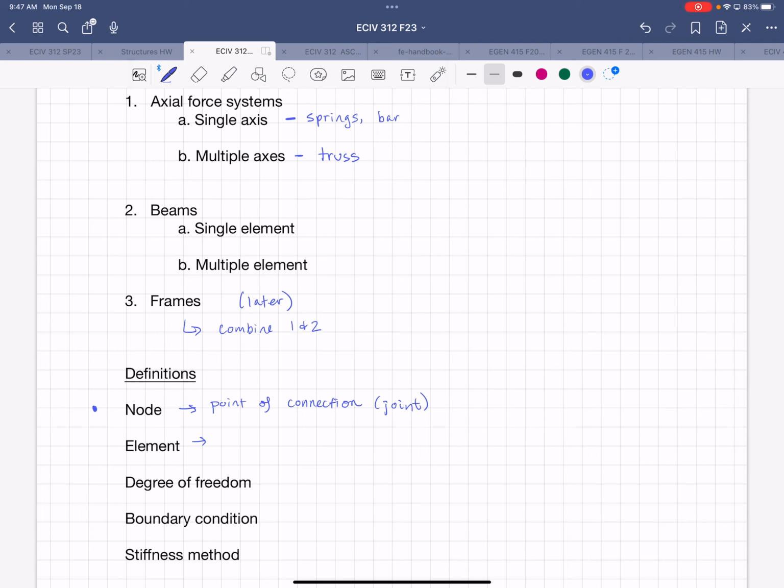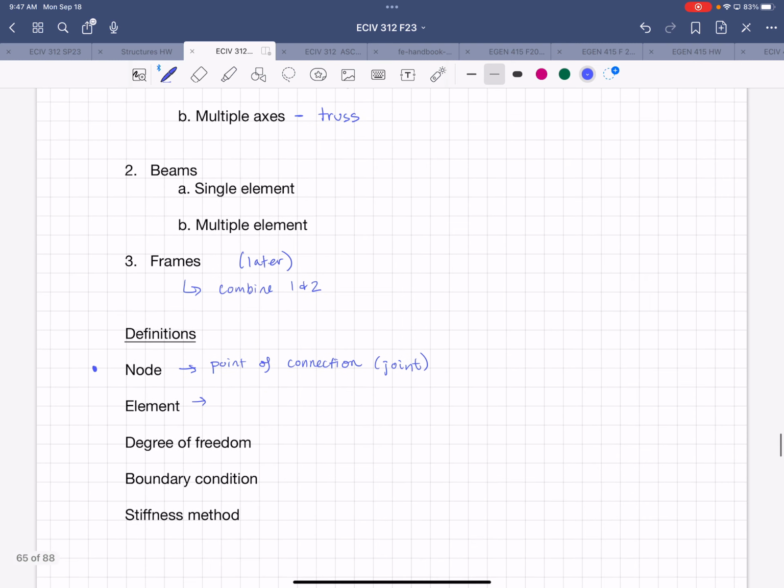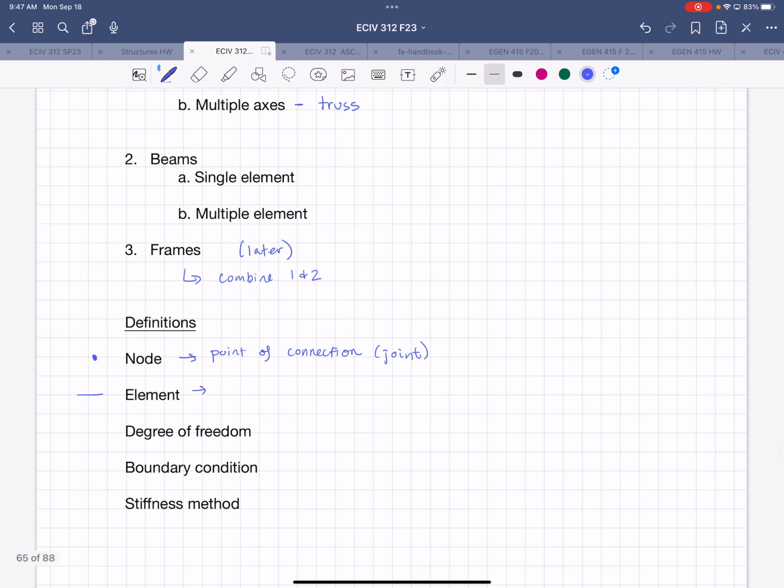An element can be a line element or an area element. In this class, we're only going to be dealing with line elements in the context of finite element analysis. So we've got our line. Define as a line element, it is a member or a segment that is between two nodes.